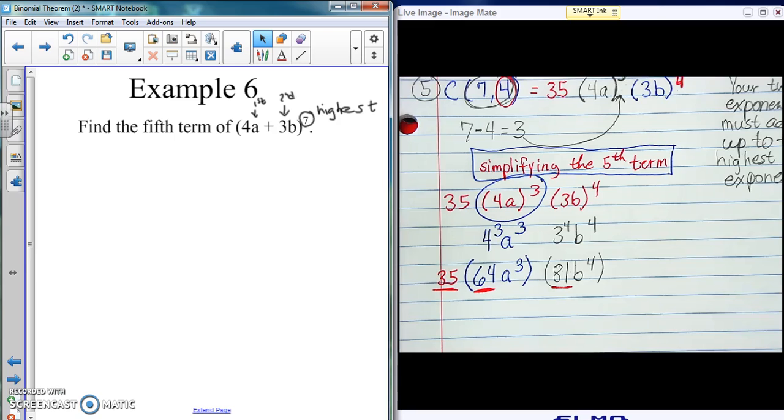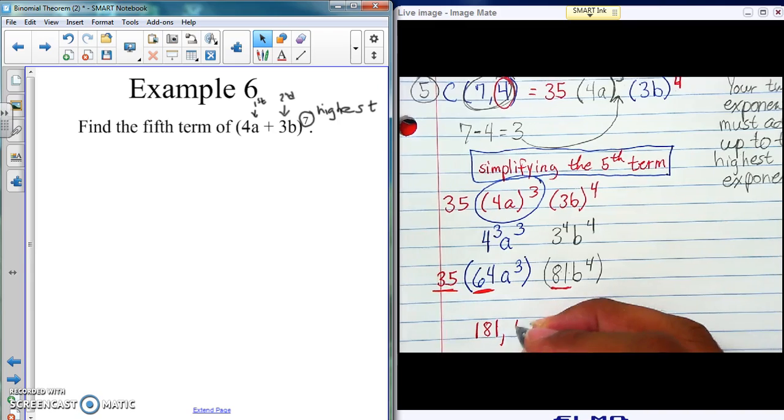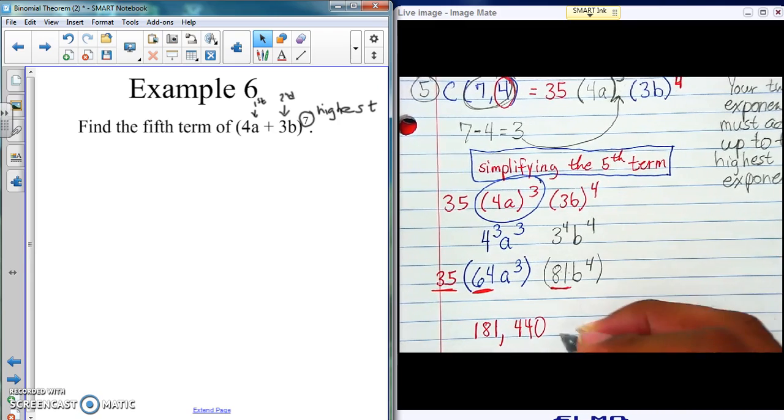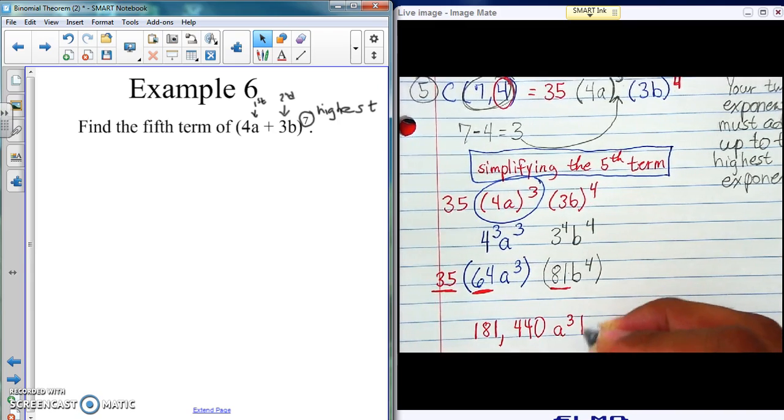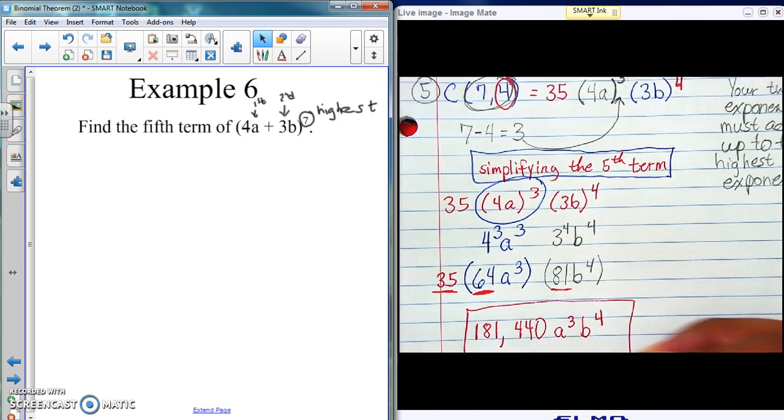Okay, so when you've multiplied 35 times 64 times 81, you should have gotten an answer of 181,440 a cubed b to the 4th. And that's your final answer.